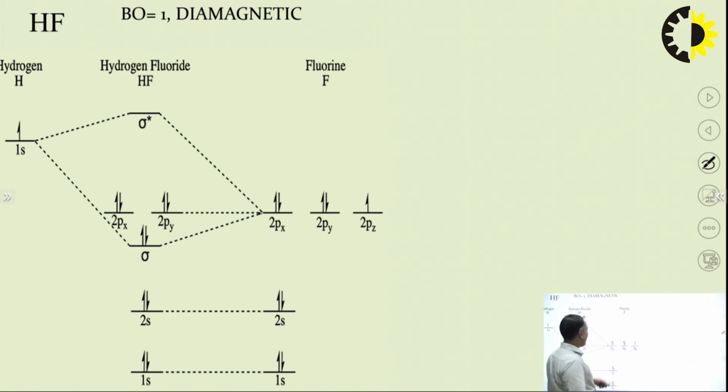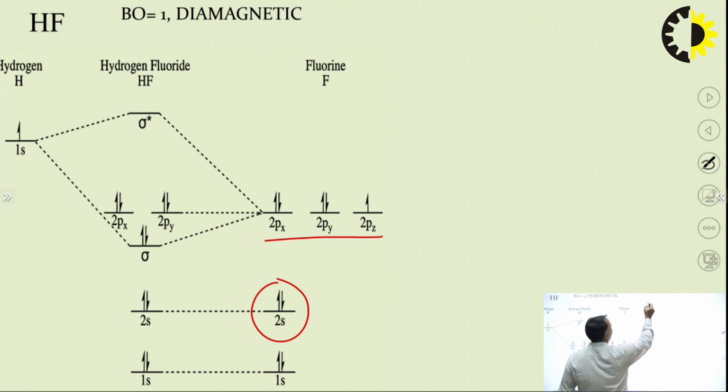So, in case of HF, what happens? The energy of 1s of H is very high, so it cannot overlap with the 1s of fluorine. Even the energy is so high that it cannot overlap with 2s of fluorine. Okay, and now it will overlap with the 2p orbitals.